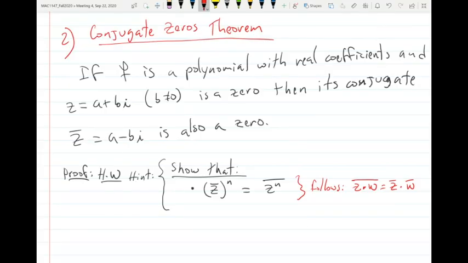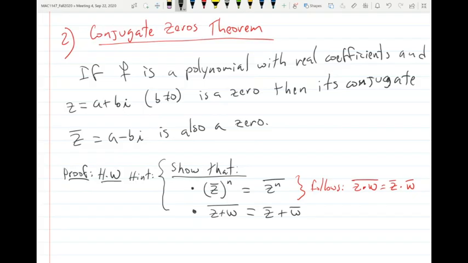So this property of the product can be extended to powers with integers. Another point you will need to convince yourself of is that when you add 2 complex numbers and take the conjugate, that's the same thing as adding the conjugates. So it distributes over addition. Basically, this follows from the fact that the operation of conjugate distributes over addition and multiplication when it comes to complex numbers.